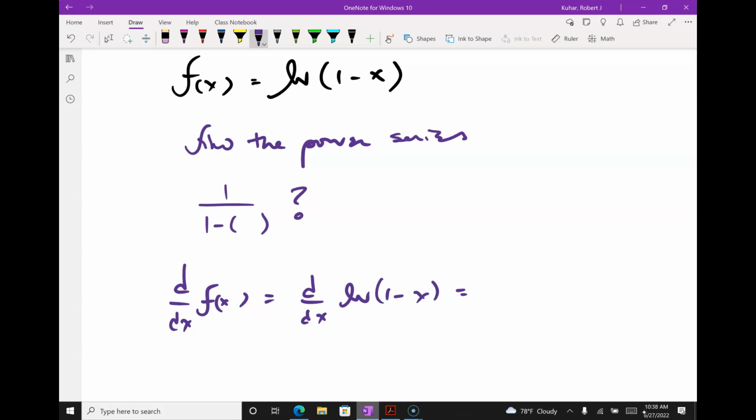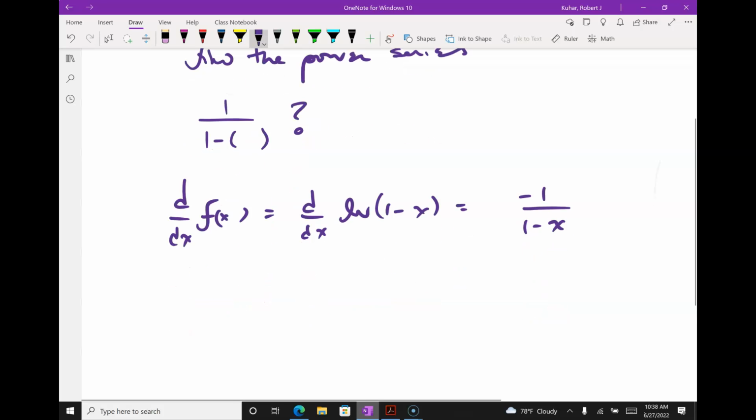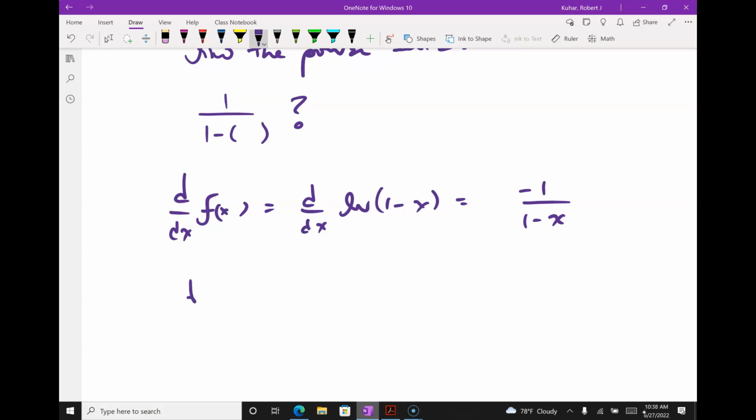And if you remember that from our last test, or from Calc 1, I need the derivative of the inside over the inside, right? So negative 1 over the inside. Well, that's almost exactly what we need, right? So the derivative of my original function is the opposite of that original power series, isn't it? So the opposite of the sum of x to the n.